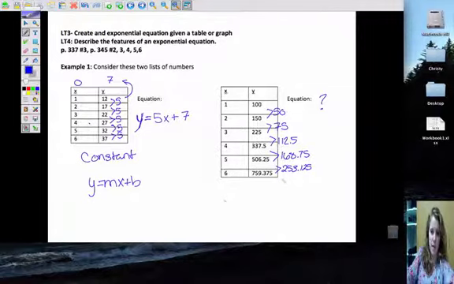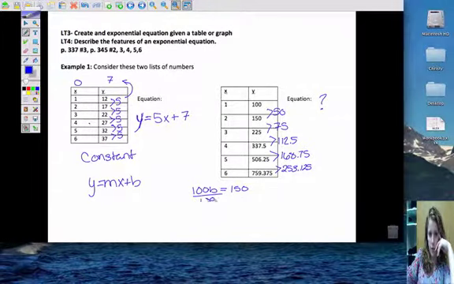Okay, so we can set up equations to find this multiplier. We know 100 times this multiplier b is going to have to equal 150. So I can divide by 100 on both sides, just do this simply algebraically, and b is going to equal 1.5.